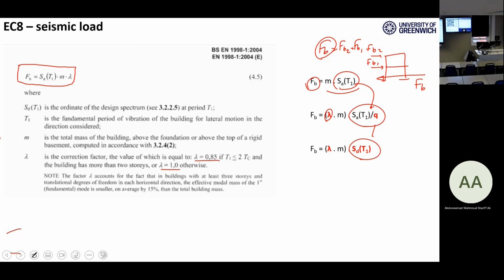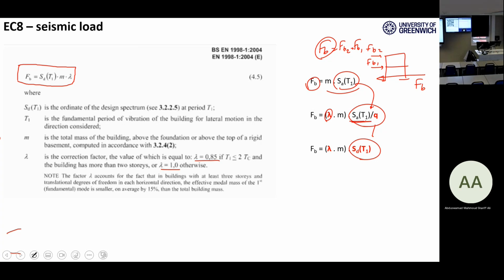And you remember when we dealt with the Excel sheet, I said we rather work with mass than stiffness, because stiffness is tricky to deal with. That's why we use spectral acceleration instead of spectral displacement in those Excel sheets, right? That's why here we are using spectral acceleration as well.